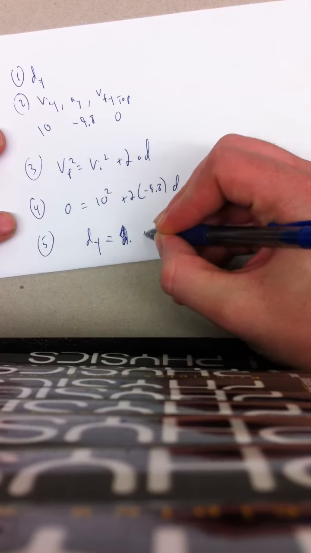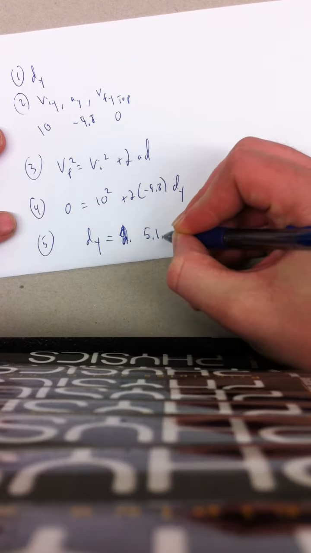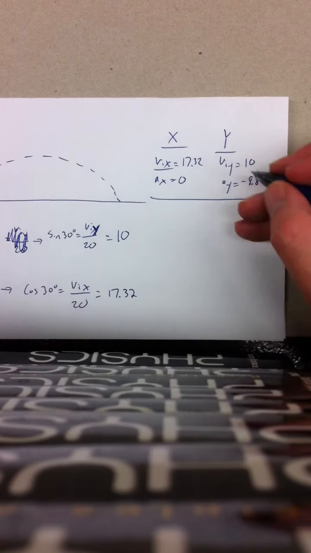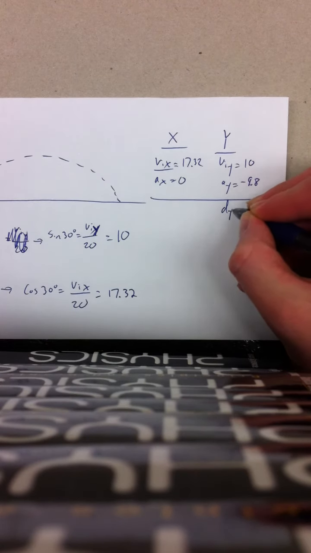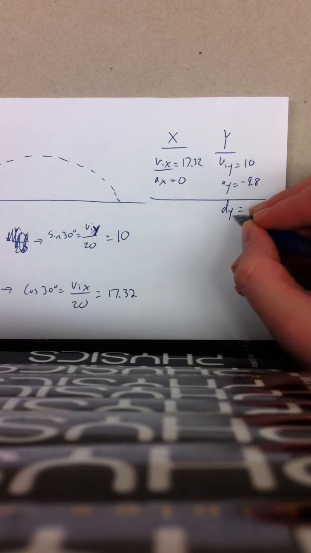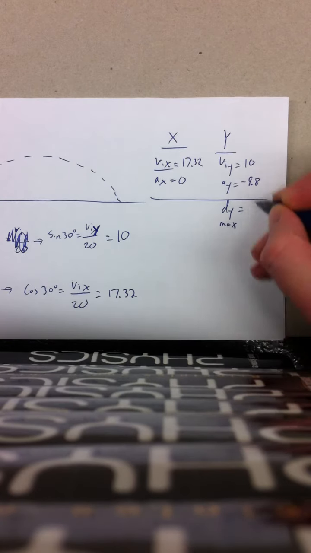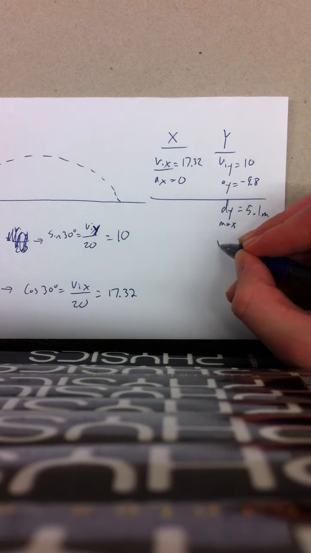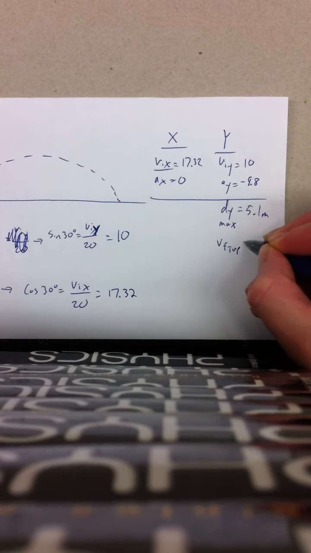So 5.1 meters. All right, so let's go back to our chart. We now know that dy max is 5.1 meters. We also know that the final velocity at the top, we use that is equal to 0.